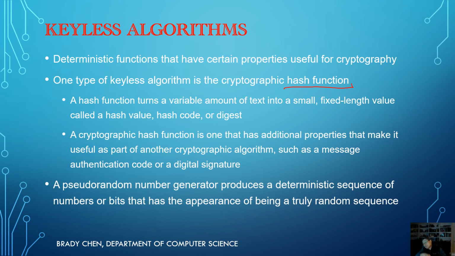When the receiver receives it and decrypts the message, they can use the hash function to check whether this message has been modified or not. That's something we're going to talk about later.